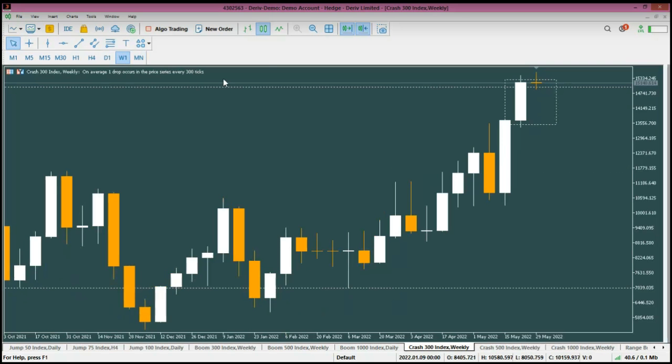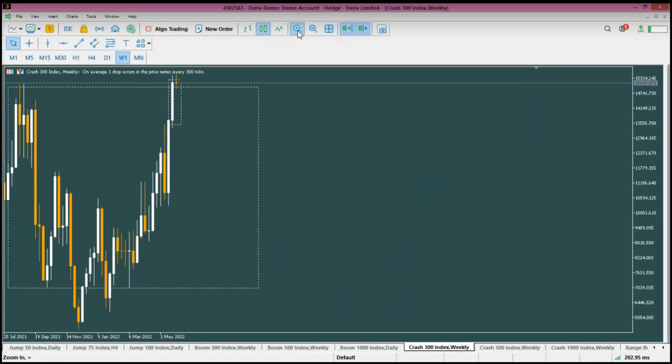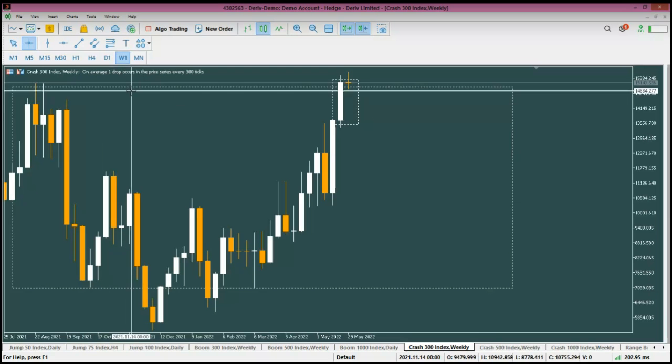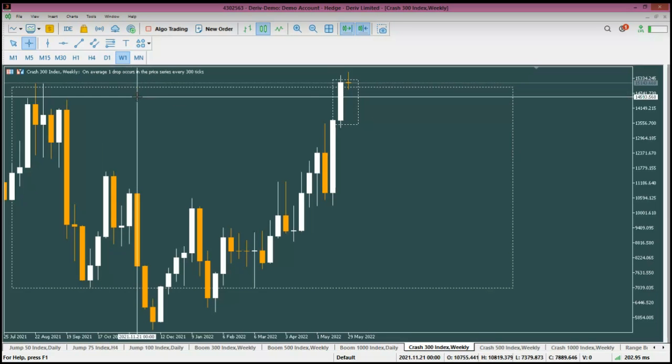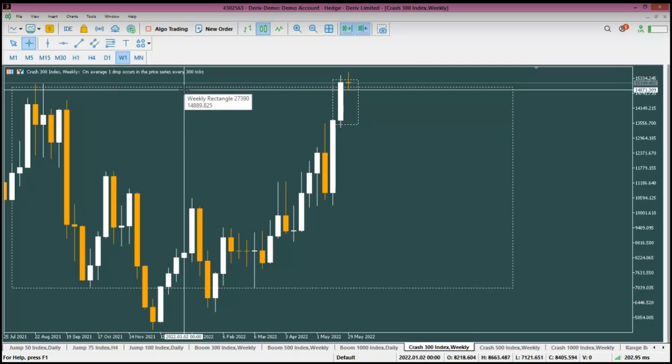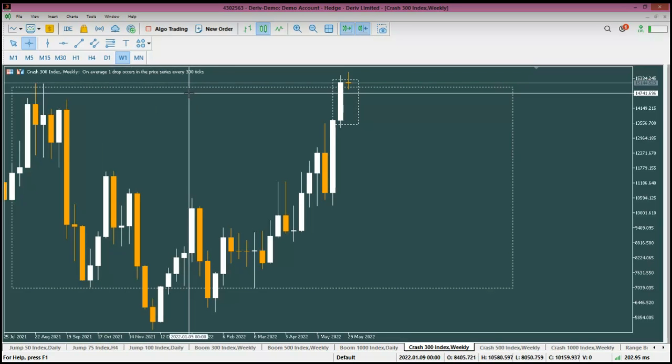So again, I'm going to warn you guys to be careful on this one. Very, very careful. Looking at this, this is our resistance. This is our supply zone. Very dangerous for anyone to make a buy. Very dangerous.